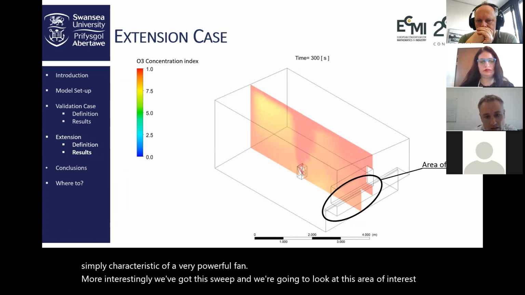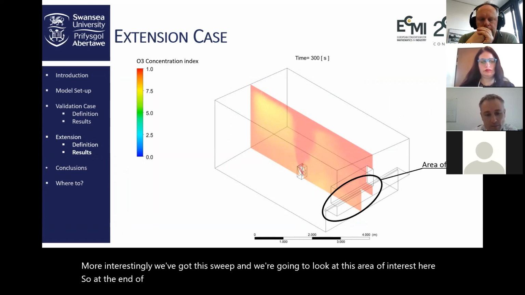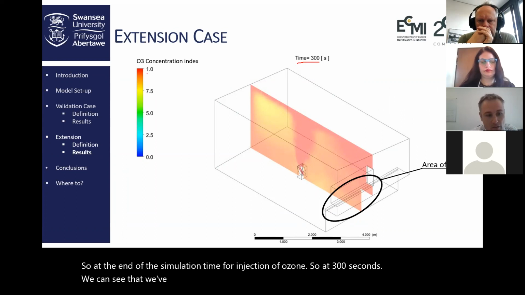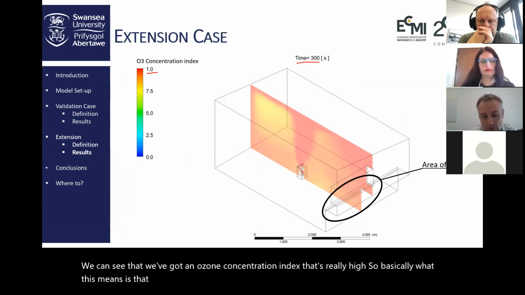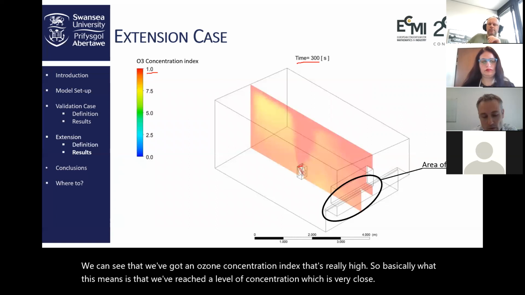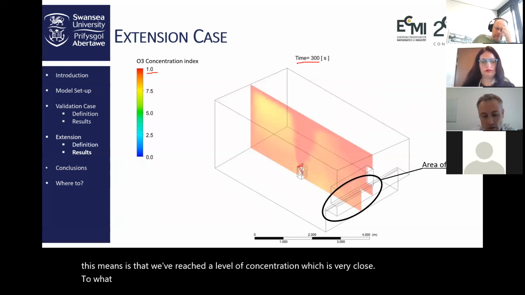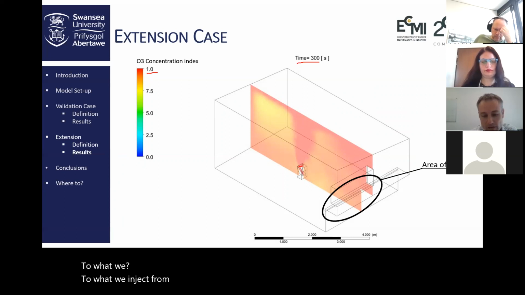So at the end of the simulation, time for injection of ozone, so at 300 seconds, we can see that we've got an ozone concentration index that's really high. So basically what this means is that we've reached a level of concentration which is very close to what we inject from the unit.